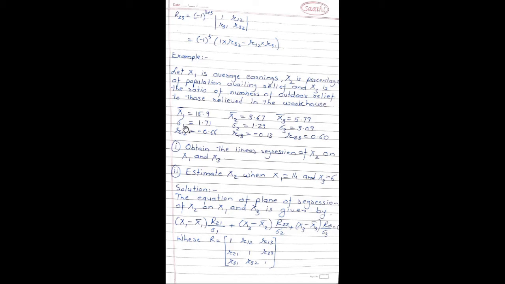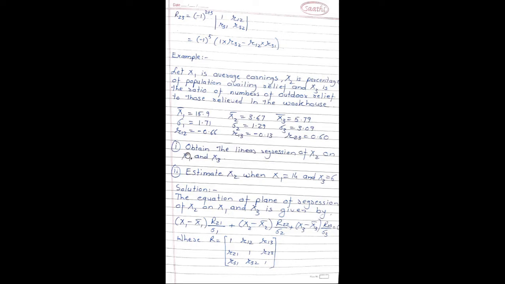The values are given as X1 bar is equal to 15.9, X2 bar is equal to 3.67, X3 bar is equal to 5.79. Sigma 1 is 1.71, sigma 2 is 1.29, sigma 3 is 3.09. Small r12 is equal to minus 0.66, r13 is equal to minus 0.13 and r23 is 0.60.